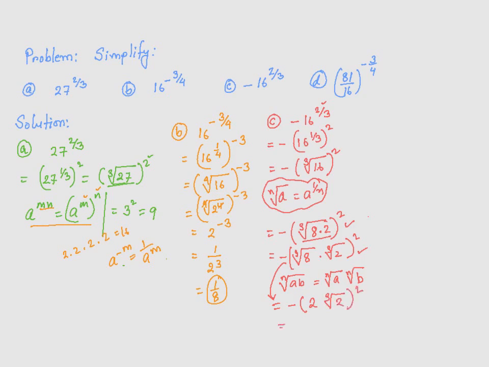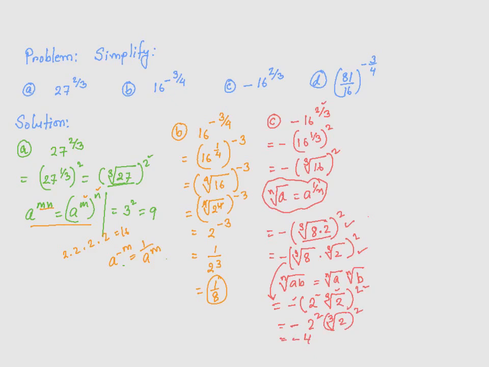Now that I could simplify further to negative, 2 squared. The negative is outside, so remember, I'm distributing this square to the individual terms inside the parentheses, then the cube root of 2 squared. The negative is right in front, so 2 squared is 4.